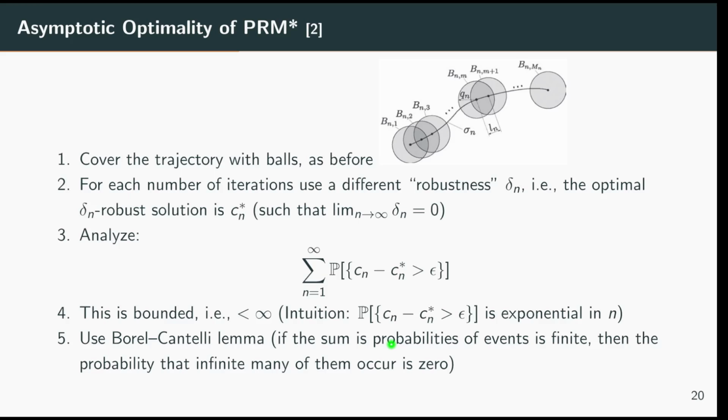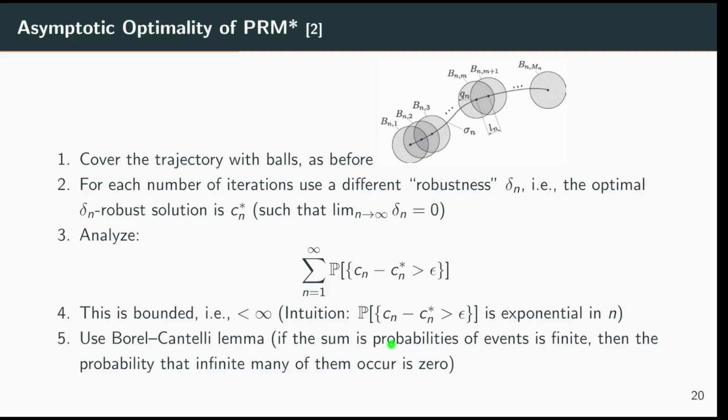Okay, now that we have looked at asymptotic optimality definitions again, we can very briefly look at the results in the context of motion planning. Asymptotic optimality has been shown for PRM star and also RRT star.